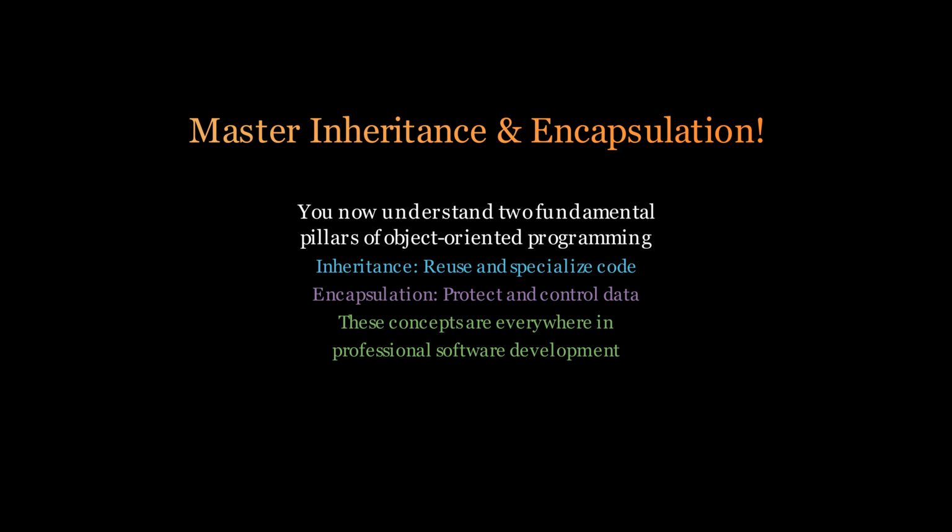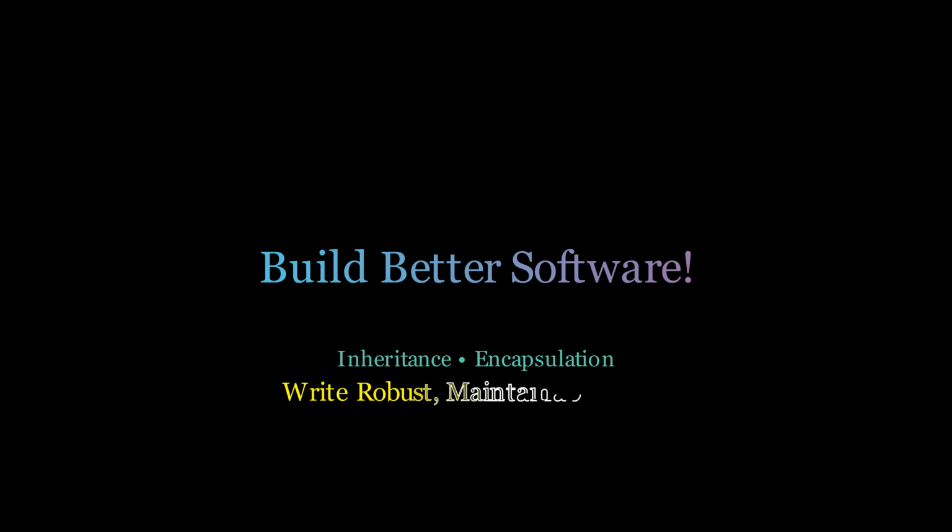You have the knowledge to write more organized, maintainable, and professional code. You've mastered inheritance and encapsulation. These powerful concepts will transform how you design and build software. Use inheritance to create logical hierarchies and reuse code. Use encapsulation to protect data and maintain integrity. Together, they form the foundation of professional object-oriented programming.